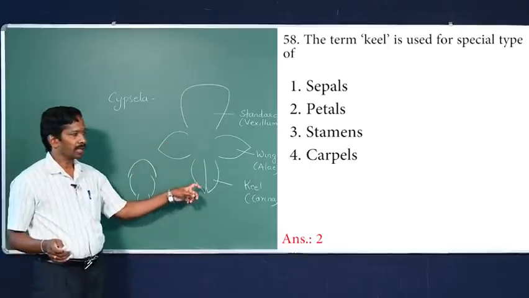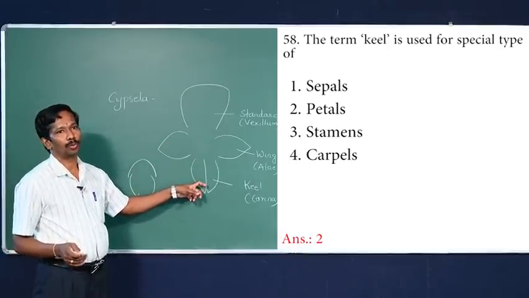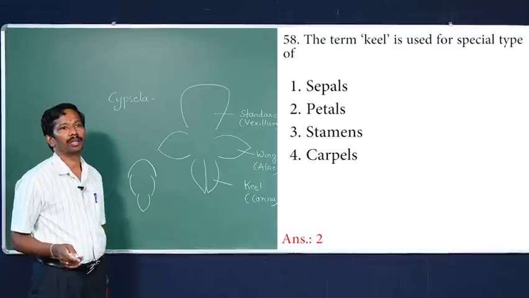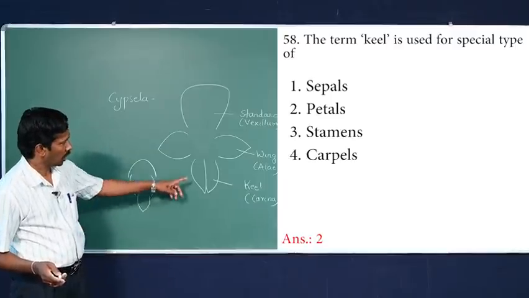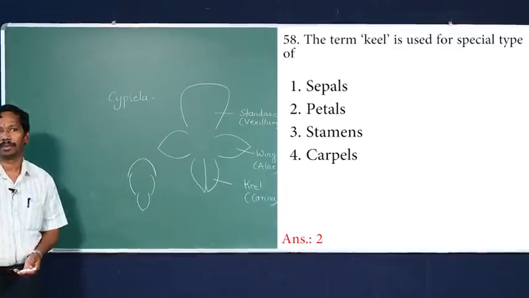Hence answer keel is related with the option number 2, that is petal, not sepal, stamen or carpels. So therefore answer is 2 for 58.